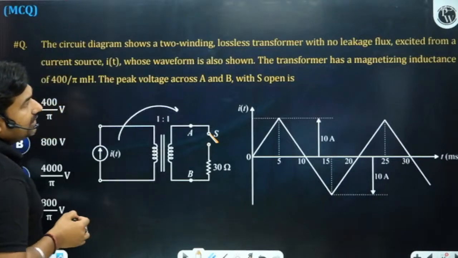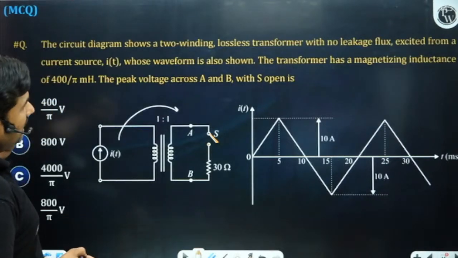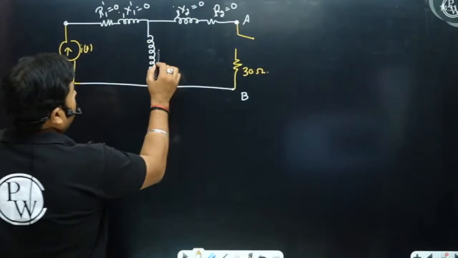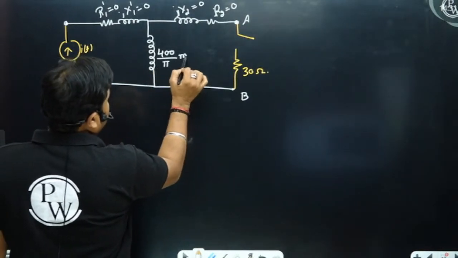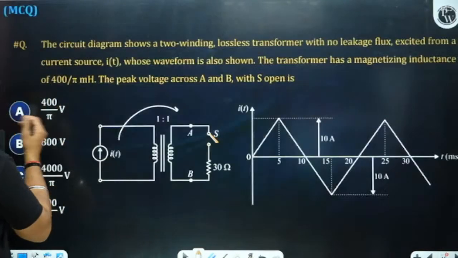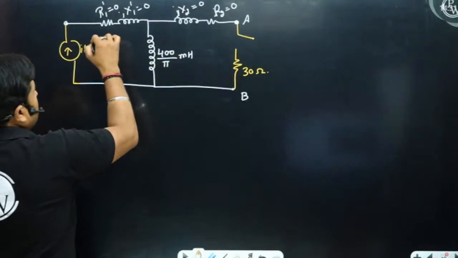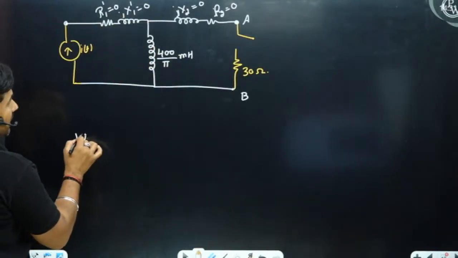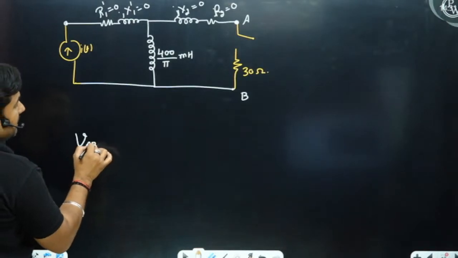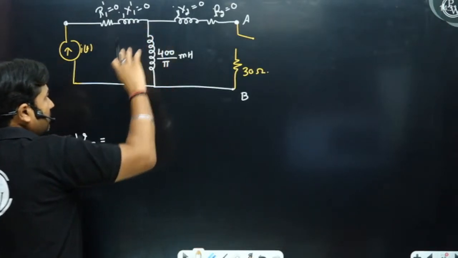Magnetizing inductance is given to you. The value of magnetizing inductance is 400 by pi millihenry. Entire current will become a magnetizing current only. So voltage across AB is the same as the voltage drop across this inductor.